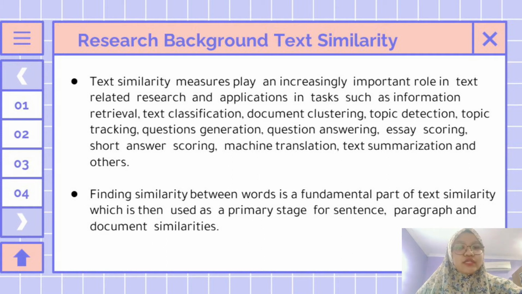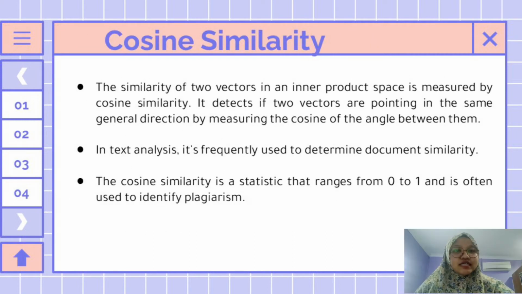Finding similarity between words is a fundamental part of text similarity, which is then used as a primary stage for sentence, paragraph, and document similarity.